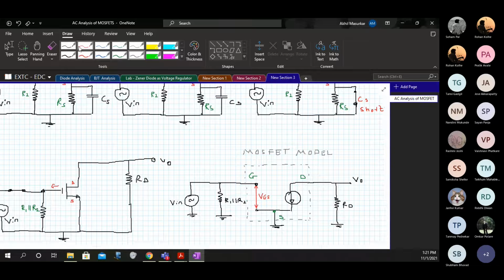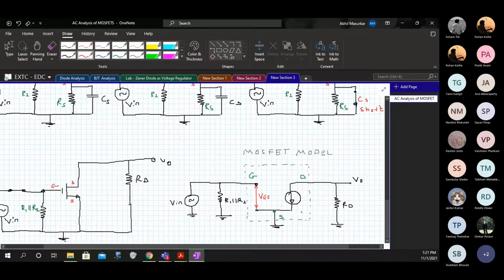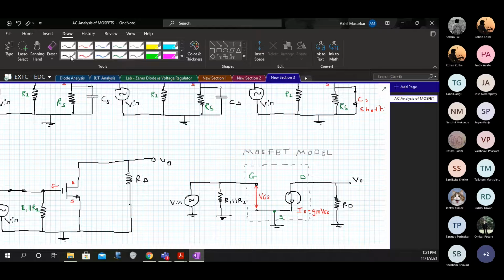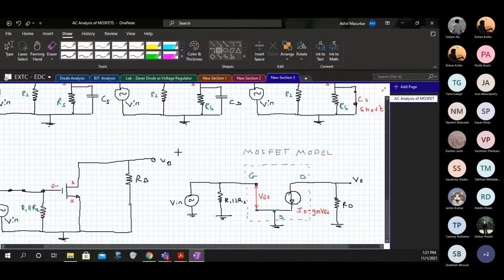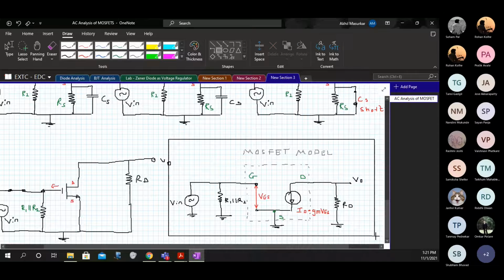And here the value of ID is equal to GM times VGS. So in total, this is going to be our AC equivalent circuit.